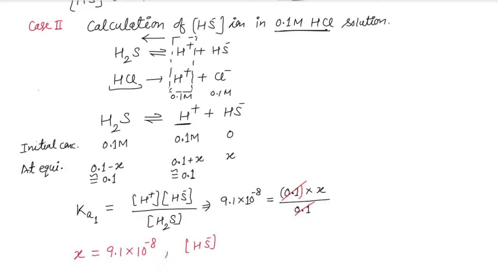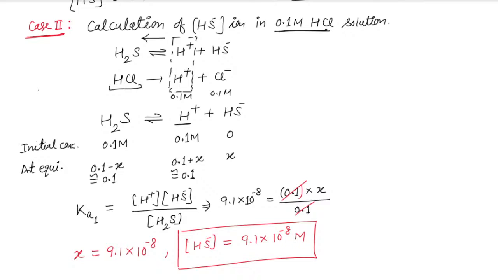So when HCl is present, HS negative ion concentration is 9.1 into 10 raised to power minus 8 molar. When HCl is not present, it is 9.5 into 10 raised to power minus 5. This first and second case is just like question number 44.